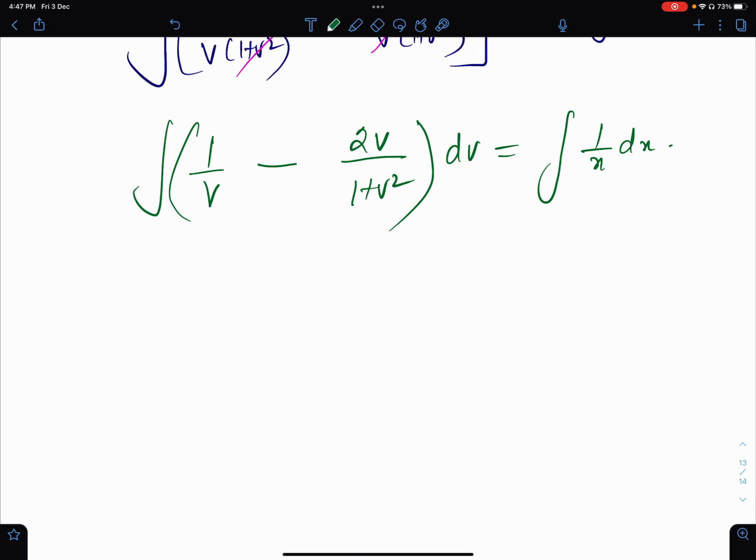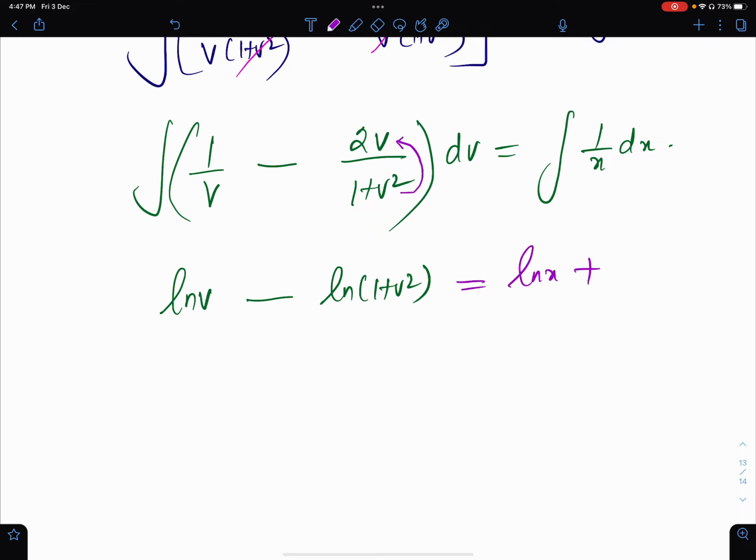So the integral of the first one is ln v, minus the integral of the second one is ln of 1 plus v square, because the derivative of the denominator is in the numerator. When you differentiate 1 plus v square, it is 2v. Okay, so ln v minus ln of 1 plus v square equal to ln x plus c. And you know what v is?